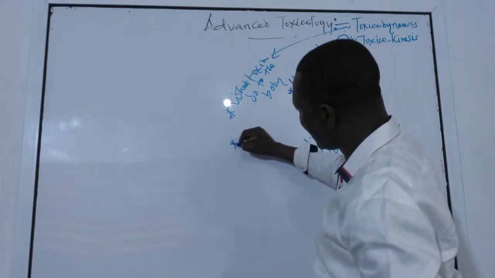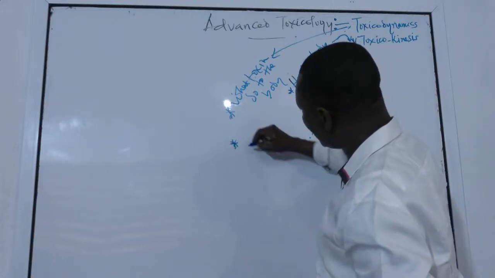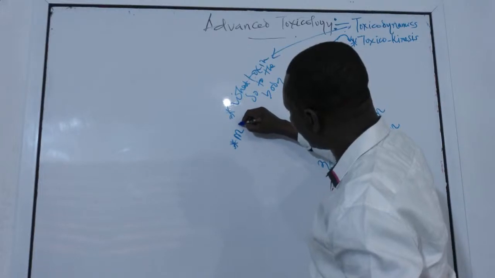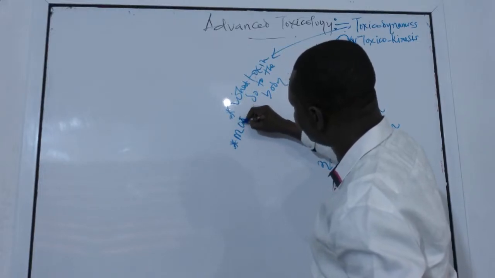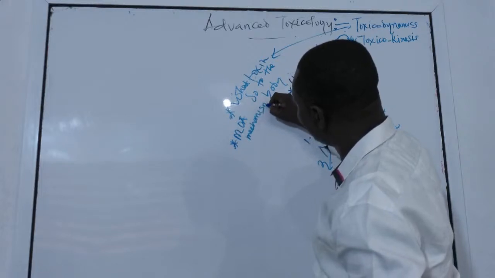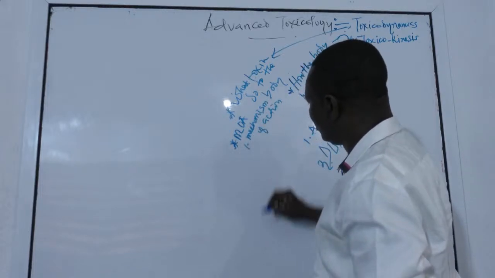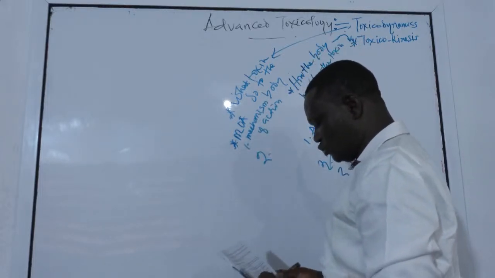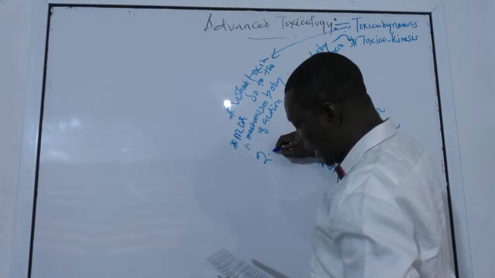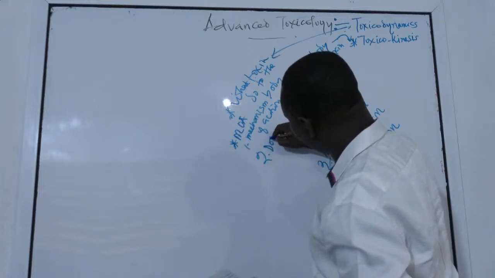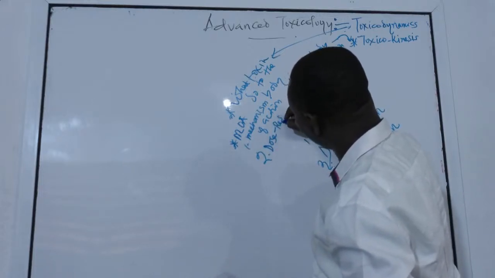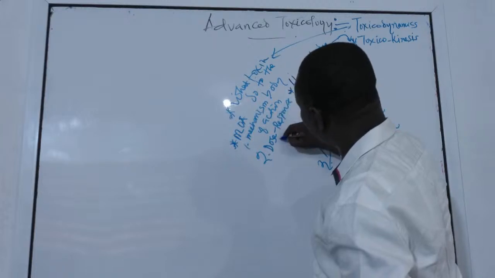This is going to talk about mechanism of action. That's the first thing we need to know. The second thing we need to know is DRP, that is dose response relationship.